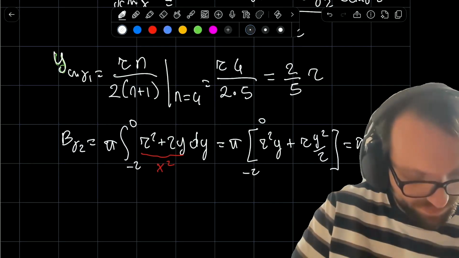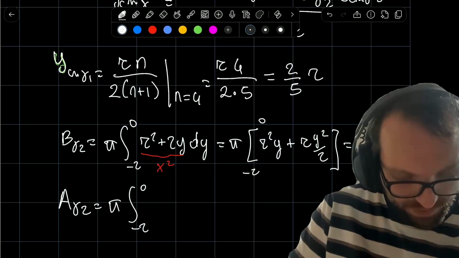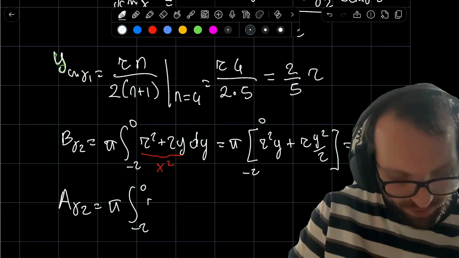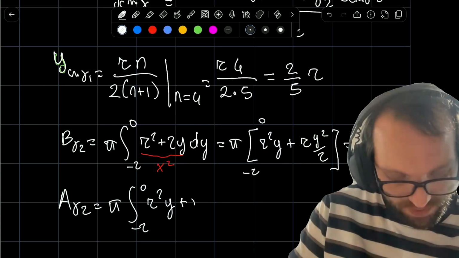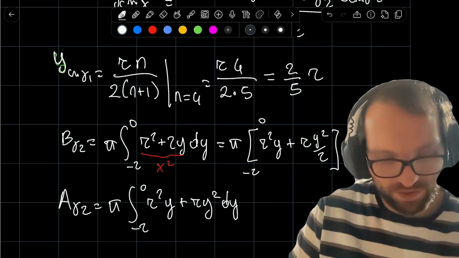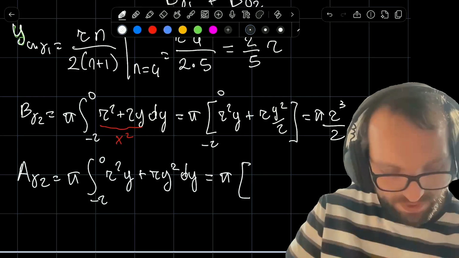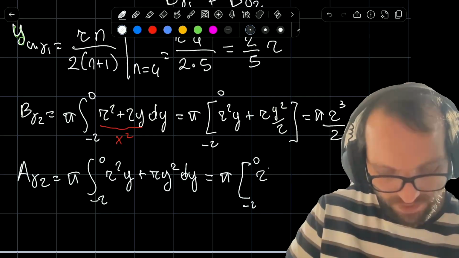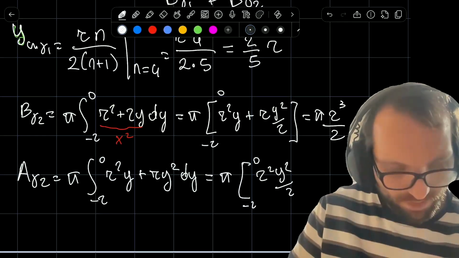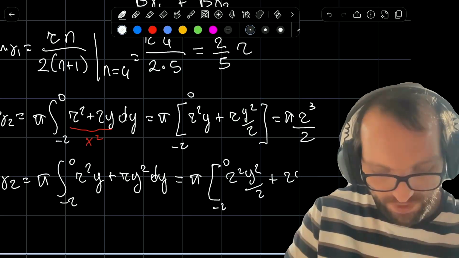So this is going to be very similar, but we also have a y here. It's extremely similar. The integration here is extremely easy again, because it's a polynomial, so it's not complicated.